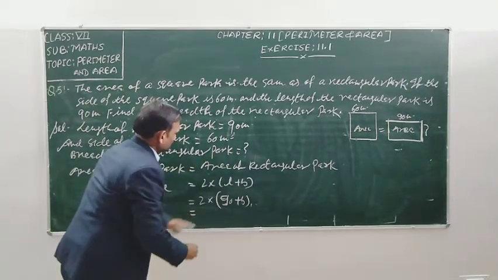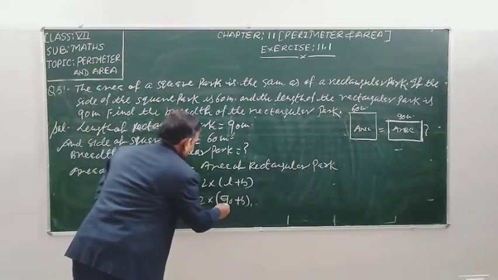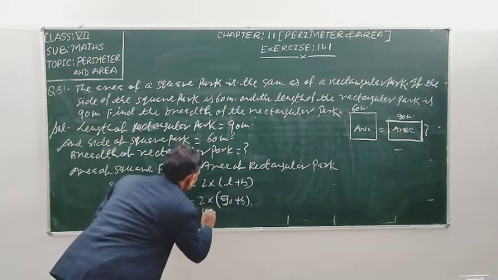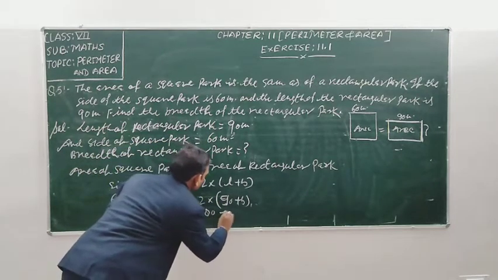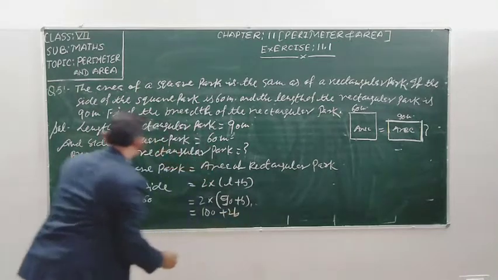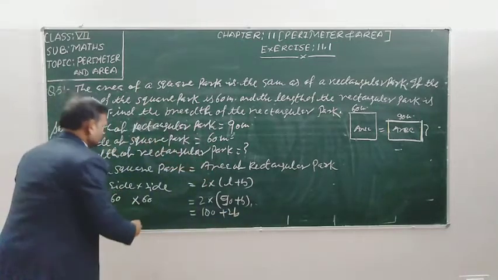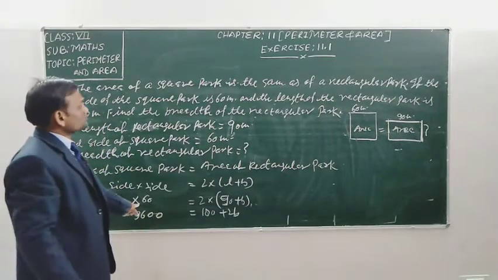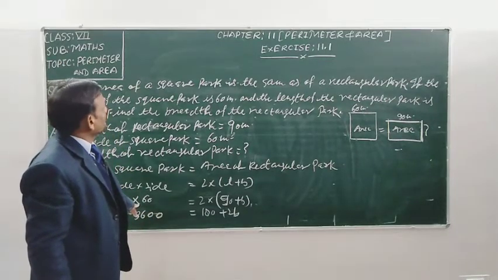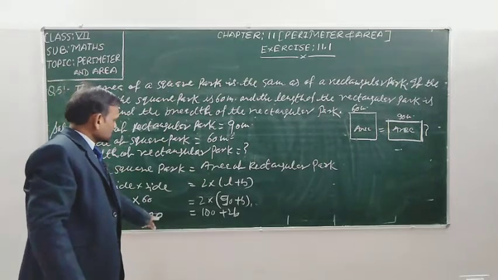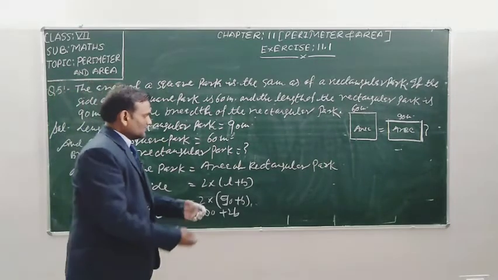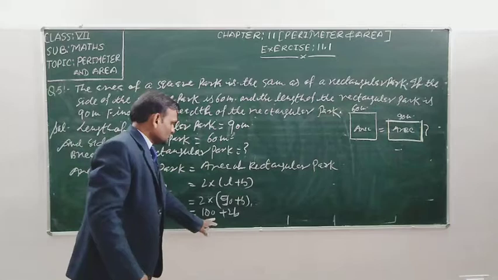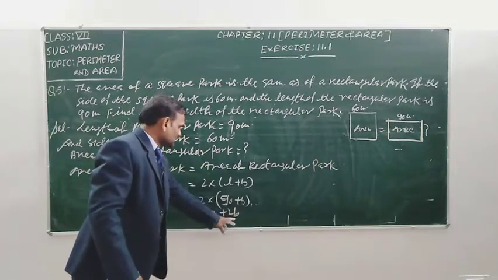When you multiply 2 into 90 we get 180 plus 2b, and when you multiply 60 into 60 that is 3600 meter square.